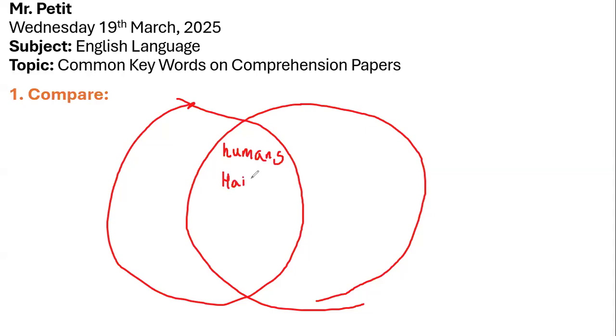Both are warm-blooded. Both have emotions. What else?